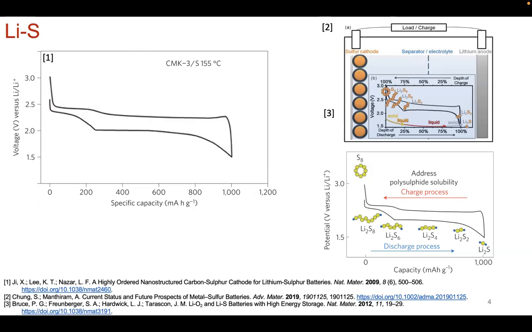Okay, so if you think, well, I make these long chain lithium polysulfides, so maybe I can change the solvent in some way, so that the lithium polysulfides are not as dissolvable and they get transported. Then that's one strategy.